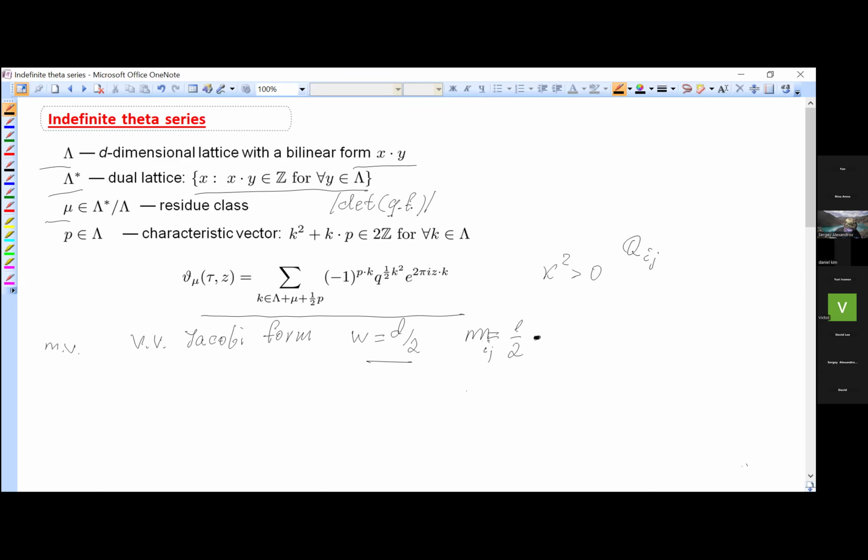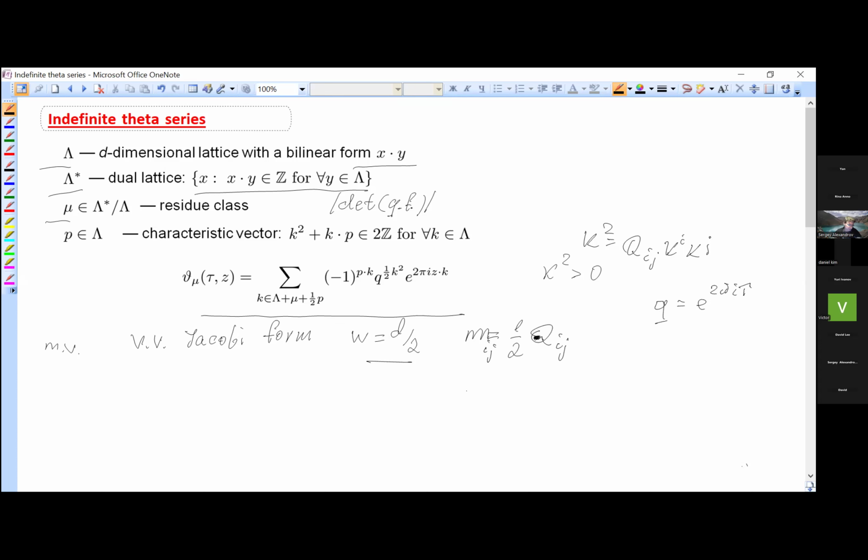Then the index is a matrix M_ij given by half Q_ij. So the quadratic form k squared is equal to Q_ij k_i k_j. And q is the exponential of 2 pi i tau. Yes, okay.